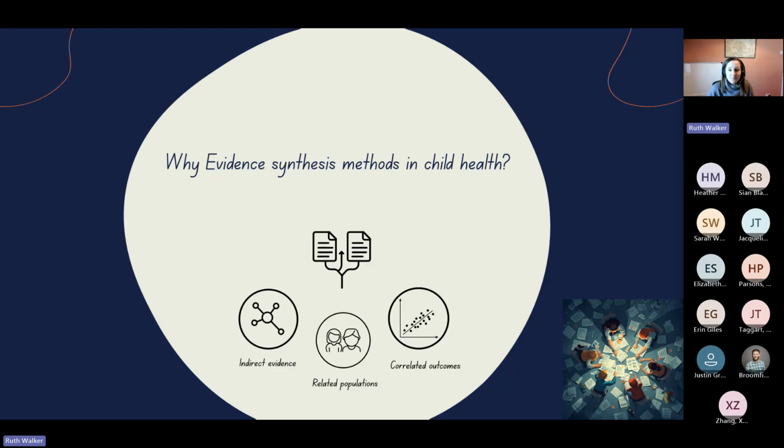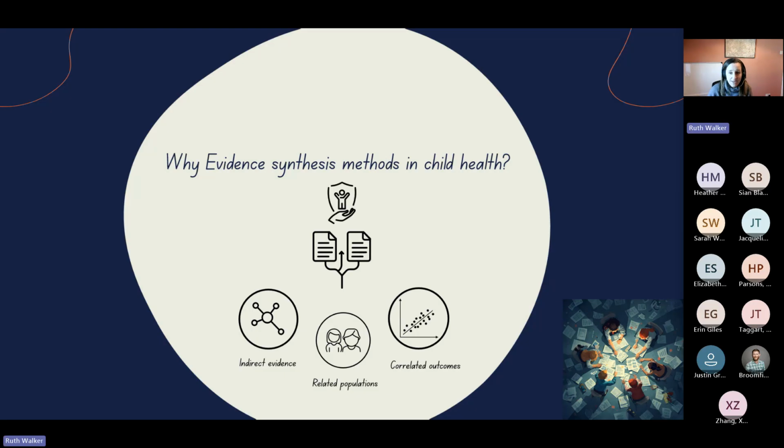So there are a number of evidence synthesis methods that can allow for the borrowing of statistical strength from indirect evidence, separate but related populations, as well as correlated treatment effects of outcomes.